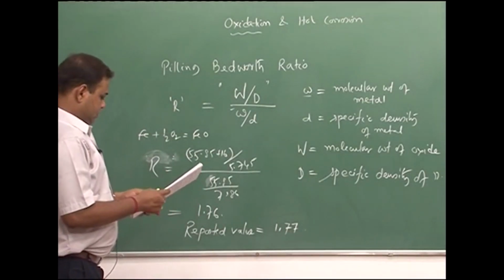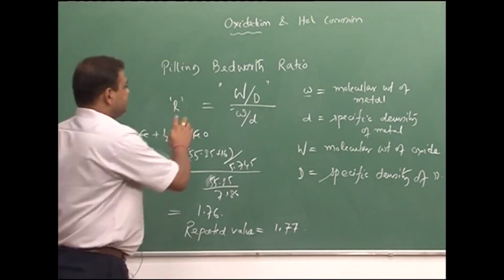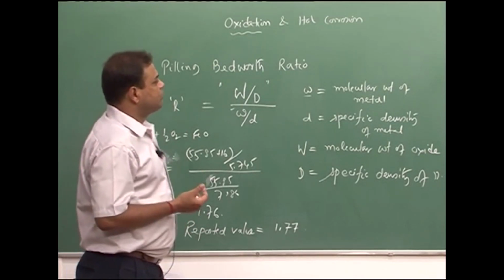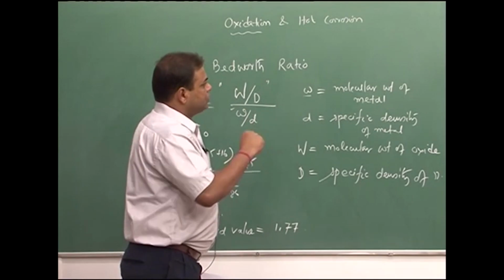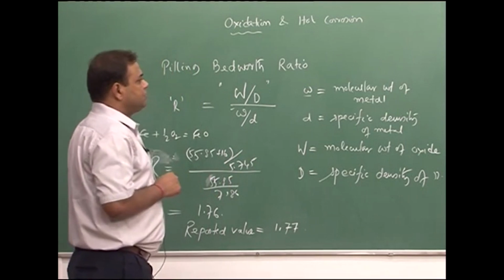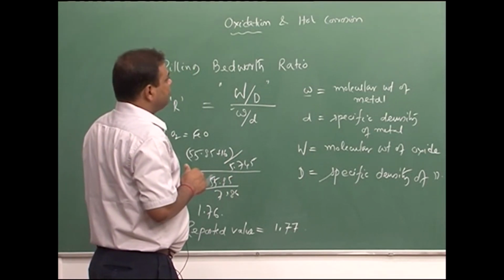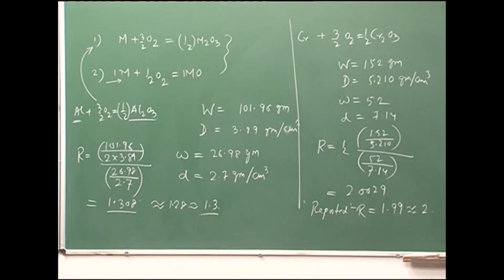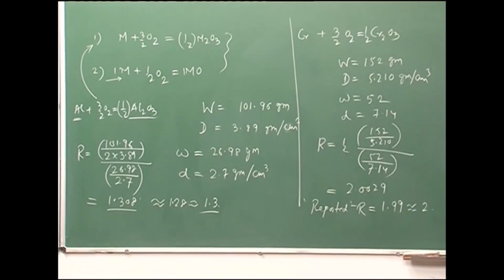Now, what it means is that when 1 mole of metal is getting oxidized and forming metal oxide, if the molar volume of the metal oxide is more, then it is going to cover up the entire surface.